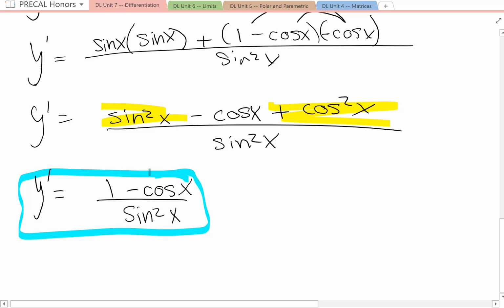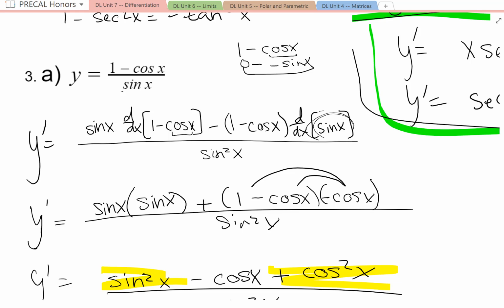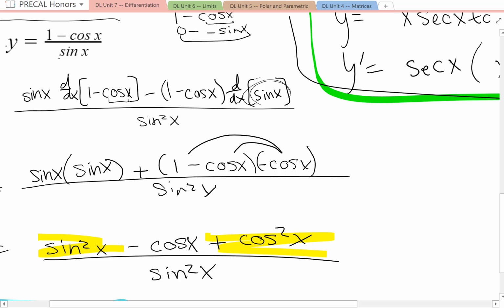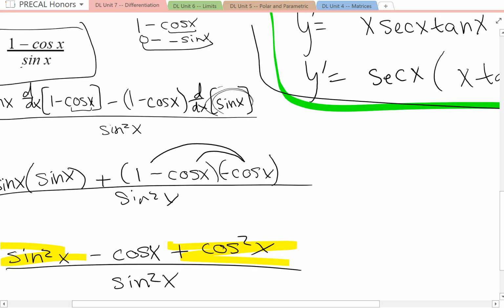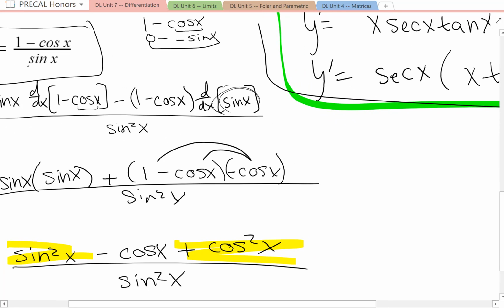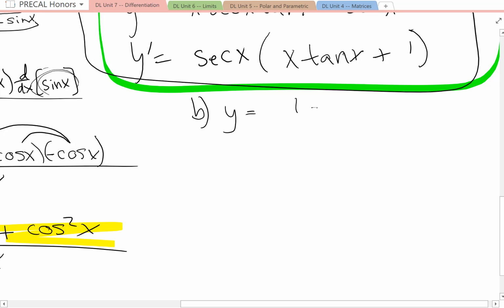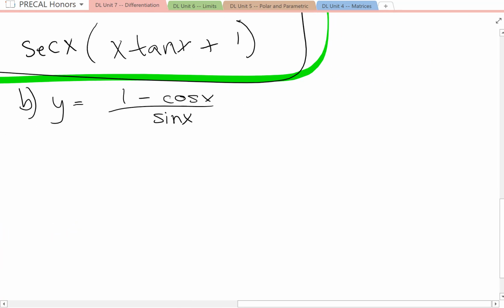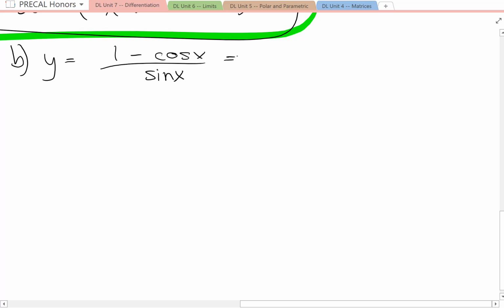But if you're anything like me, you're trying to avoid the quotient rule any time that you can, just because it's kind of a pain. So I noticed that in trig, I actually have identities that I know that help me to manipulate trig expressions. For this function, y equals 1 minus cosine x over sine x, I would like to rewrite it so that it's not a fraction at all, so I don't have to use the quotient rule.